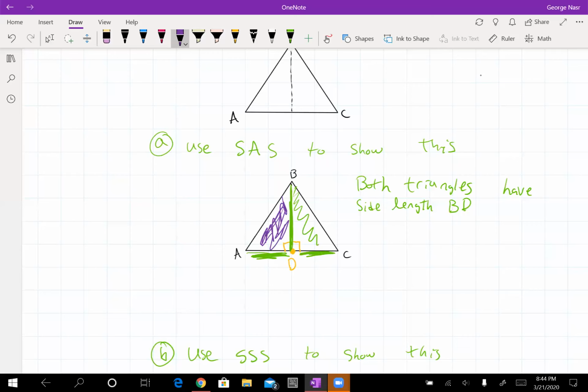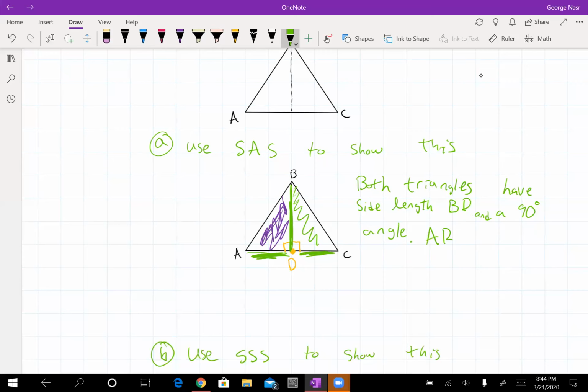It's the same side, so it has to be the same length. And a 90-degree angle. So in order for this to work out, we need to be able to argue that AD equals DC, because then I'll have a side, an angle, and a side.